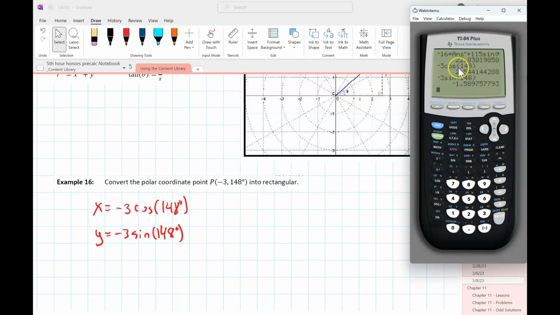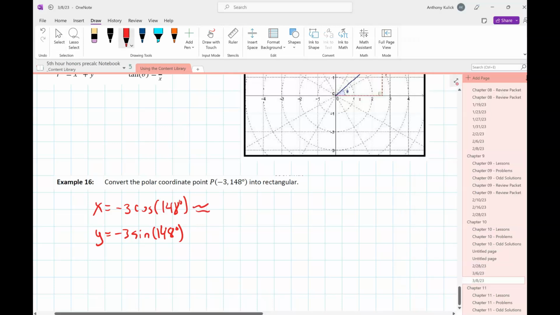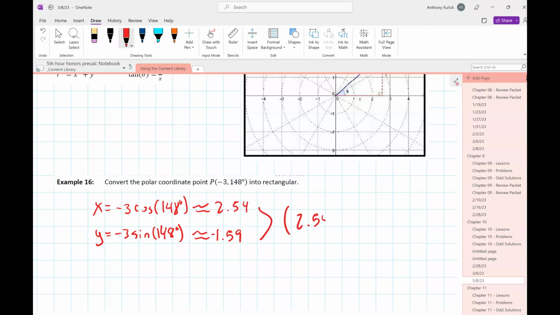So I have 2.54, negative 1.59. So there's my point. No big deal there, right? Pretty easy, just plugging it into the formulas.